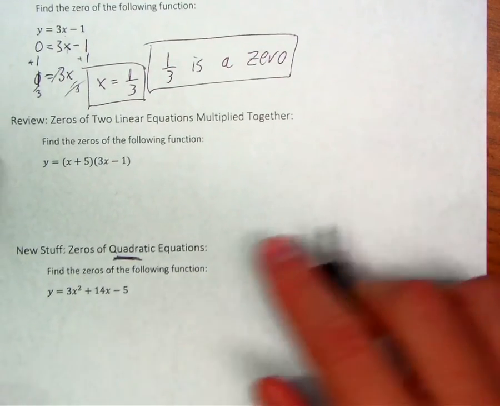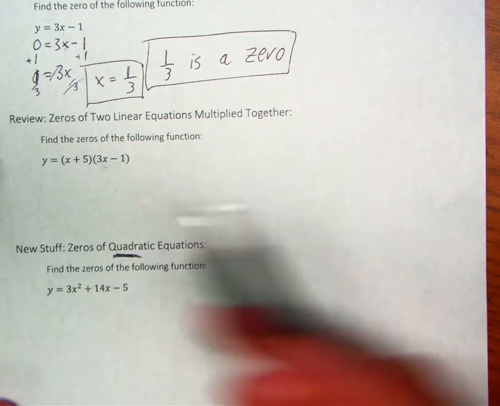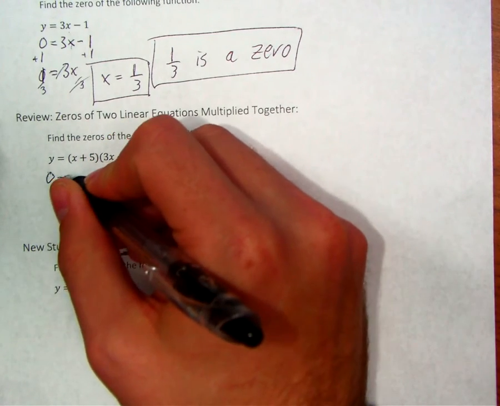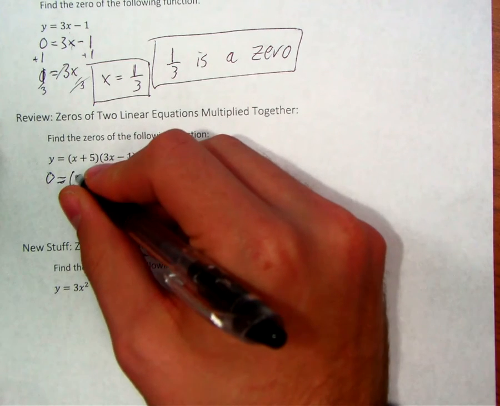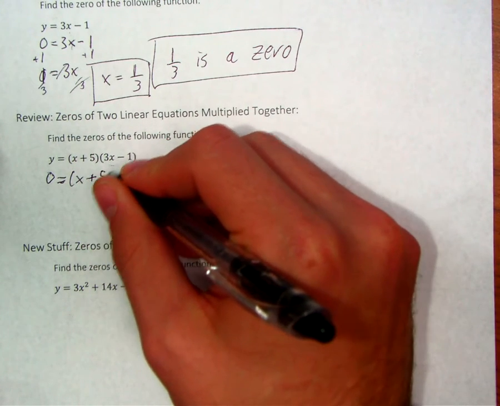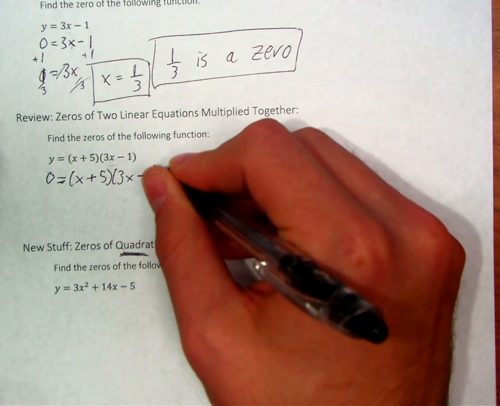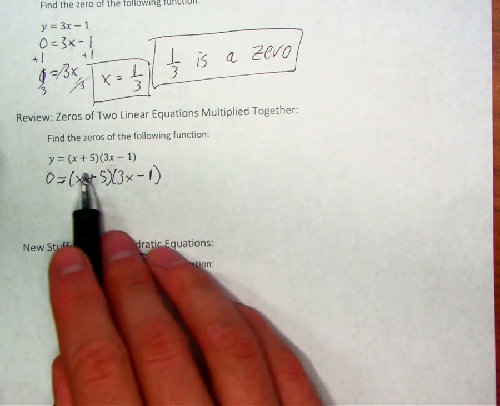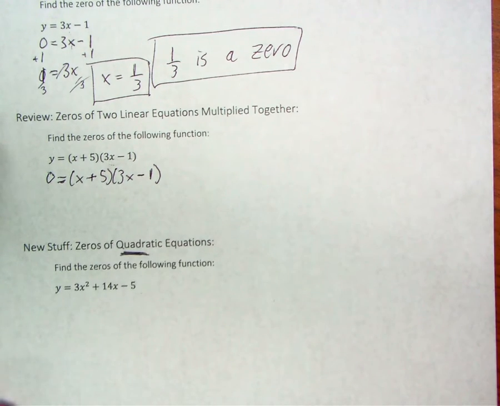Things get a little more complicated when you have two linear equations multiplied together. A little bit, but not much. Really not much. Again, we're trying to find zeros, so we're figuring out when y is equal to 0. I'm setting my y equal to 0. When y is equal to 0, what values could I put in for x? Well, because this is one big multiplication problem, all I got to do is make one side or the other equal to 0.